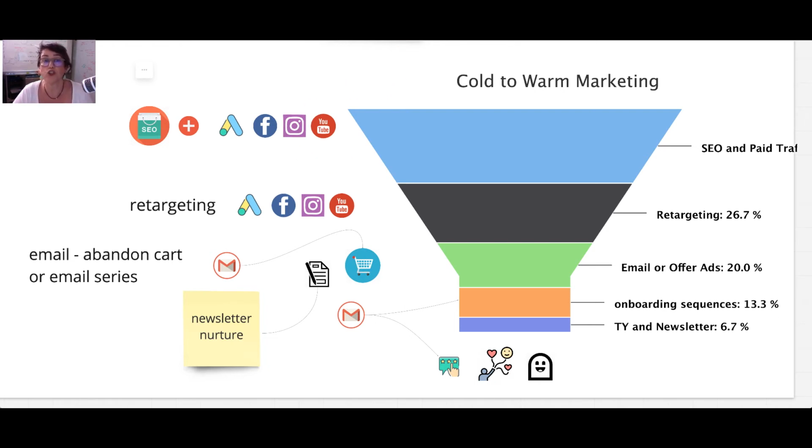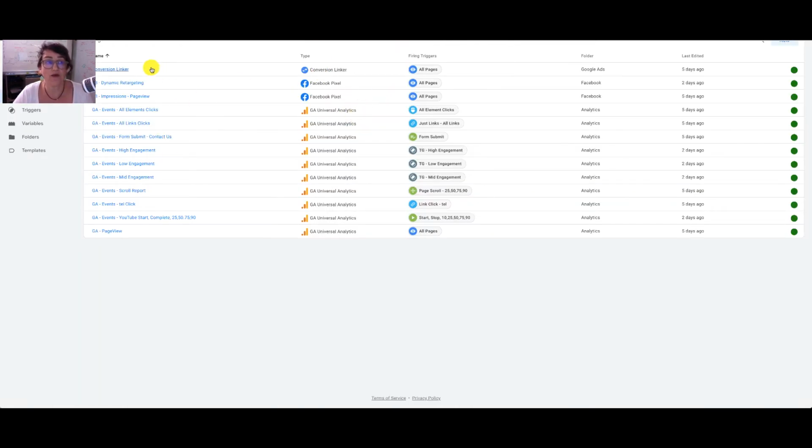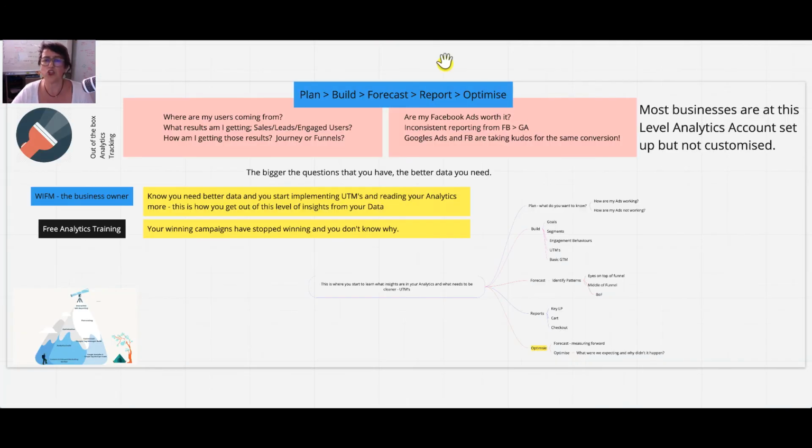Because what you can do with the tags, the basic tags, so we've got 7 basic, 8 advanced tags in there, is that you can go from what we call, when you have analytics set up out of the gate, just the tracking code put onto your website, you don't get to answer who almost bought, because statistically, 95% of people that come to your site don't buy the first time.